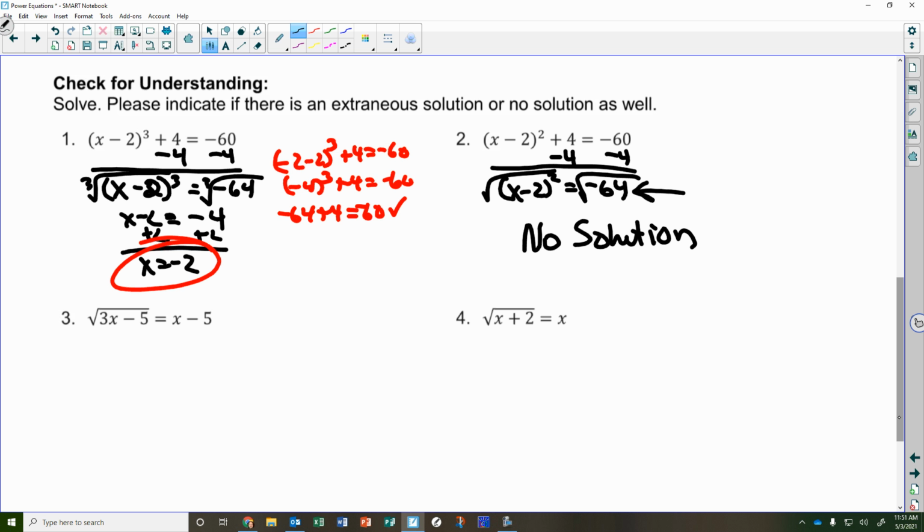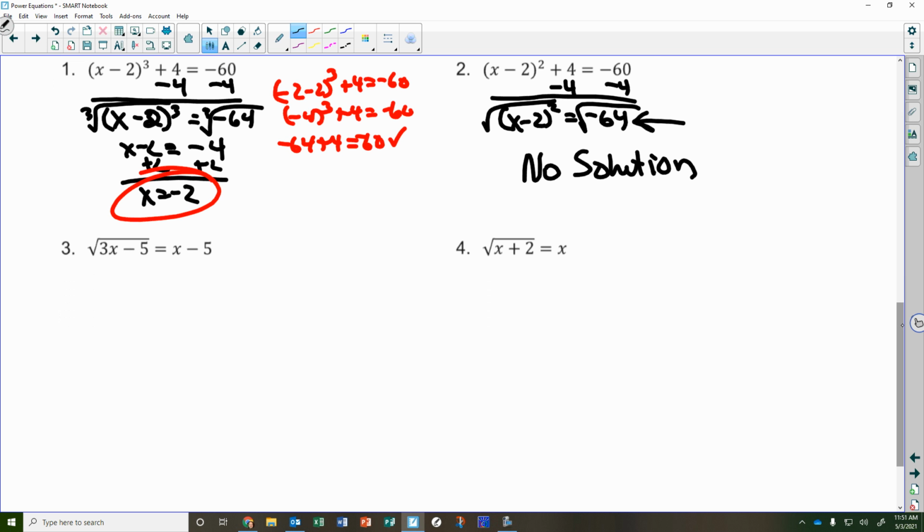All right, and then on the bottom we got some square root functions. So down below, again, you need to square both sides to get rid of the radical. So I got 3x minus 5 equals, this is x squared minus 10x plus 25. I'm going to try to get everything on the left side by subtracting 3x and adding 5.